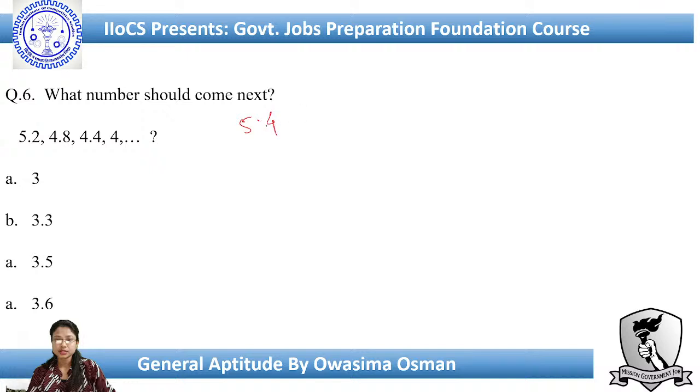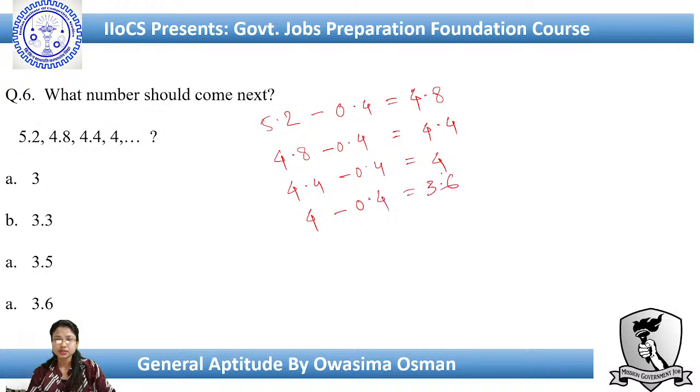Here we can see that 5.2 minus 0.4 gives 4.8, and 4.8 minus 0.4 gives 4.4. 4.4 minus 0.4 gives 4, and 4 minus 0.4 will be 3.6. So our answer is 3.6, option D.